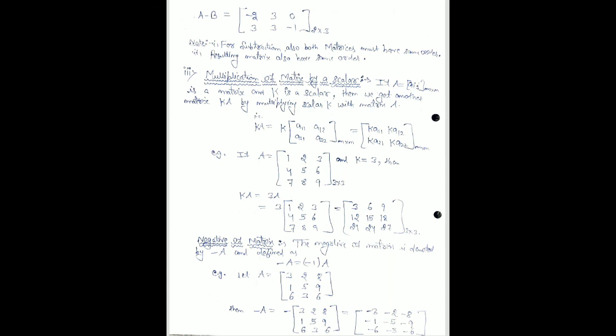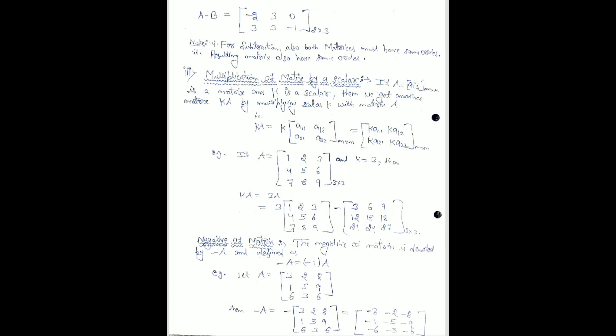Then the resulting matrix kA equals 3A, and we put the value of A here. After this step, we multiply each element of A with 3, and finally we get the resulting matrix that contains elements 3, 6, 9, 12, 15, 18, 21, 24, 27.